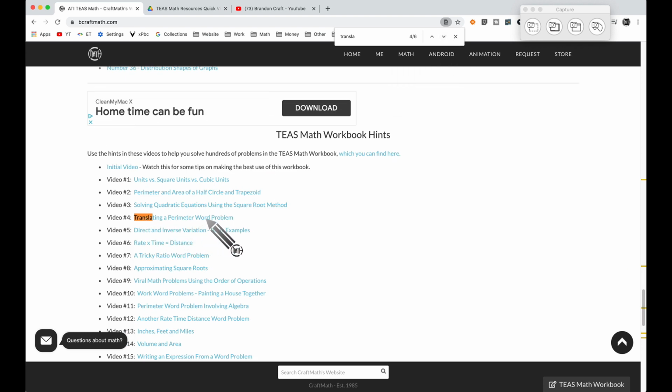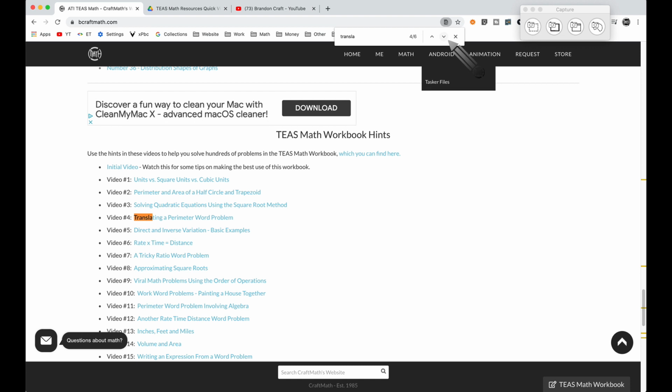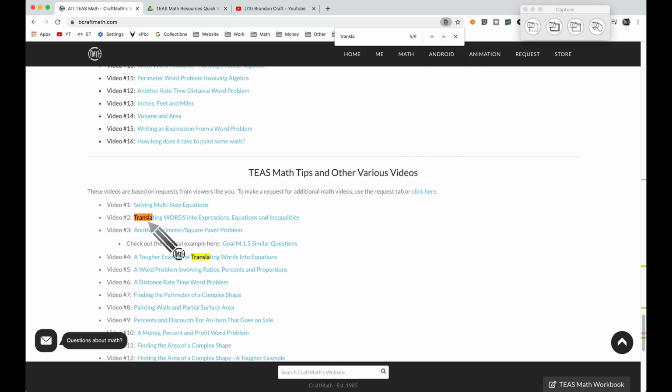Translating a perimeter word problem. I think that was the one that I have linked in the file. Translating words into expressions, equations, and inequalities. So you can see that this does pop up quite a bit. A tougher example of translating words into equations. So I would highly encourage you to go back, have a look at those for some more practice, because there's not one set way to do translating problems.